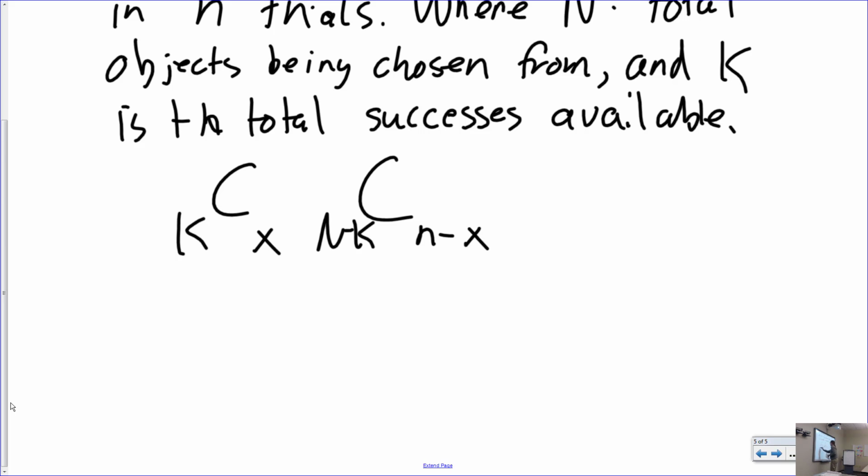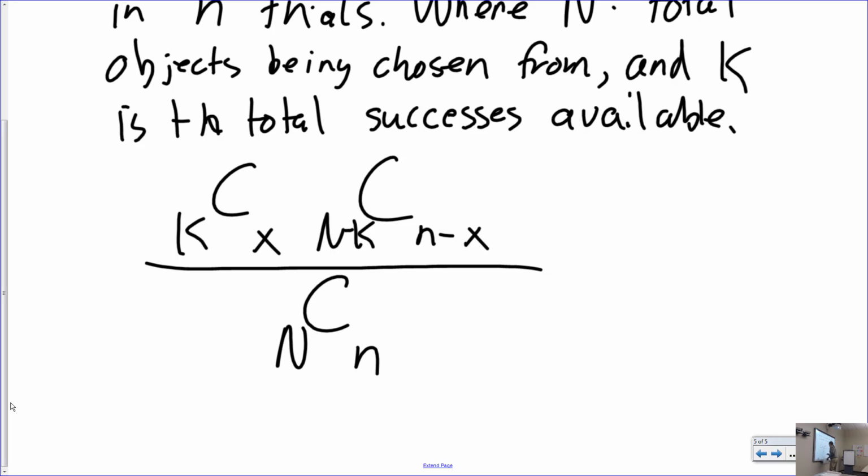It's in your packet that you can use to calculate. It's just a bunch of combination stuff. It's very similar to the binomial probability distribution, except it's a little bit different. So it just looks like a bunch of gobbledygook to some degree, but once we put it into context, hopefully it will start to make a little bit of sense. All right?